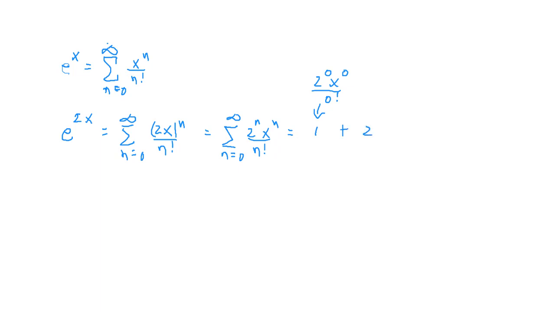The next term would be 2x over 1 factorial. How do we get that? Well, that's 2 to the 1st power times x to the 1st power over 1 factorial. So n starts at 0, and we count up from there. And then we can just keep going.